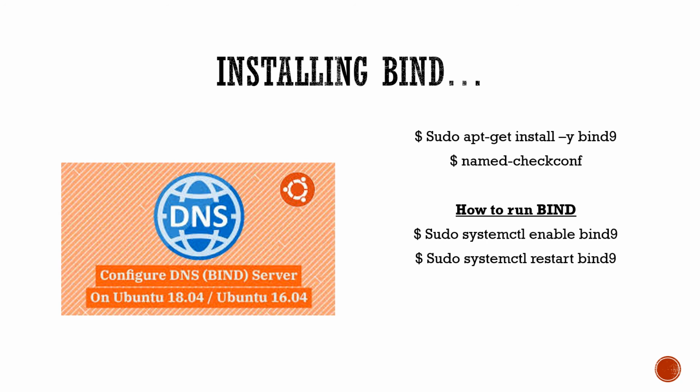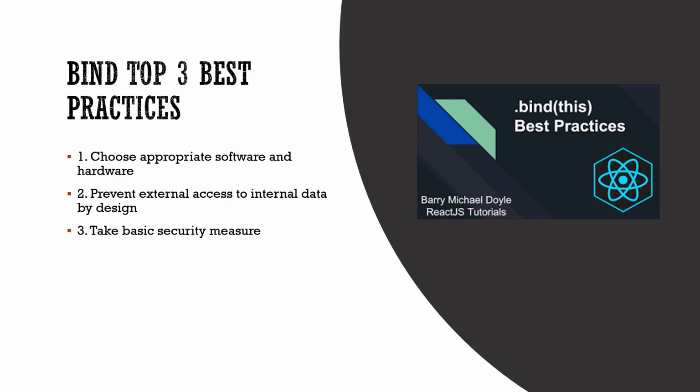The last 2 commands are how to run Bind: sudo systemctl enable bind9 and sudo systemctl restart bind9. Those are the 2 commands you'll use to enable the server, and you'll use restart after you make any updates to the server, so that you can check and make sure your configurations went through.